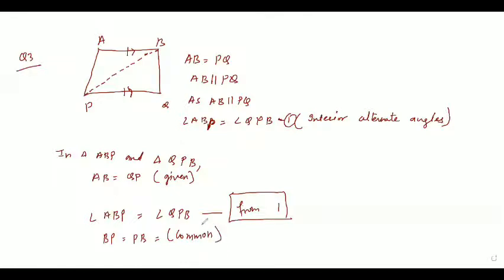So we can say triangle ABP is congruent to triangle QPB by SAS congruence.